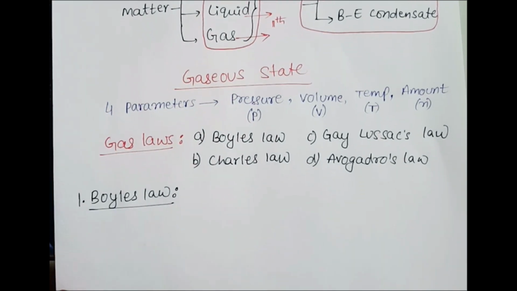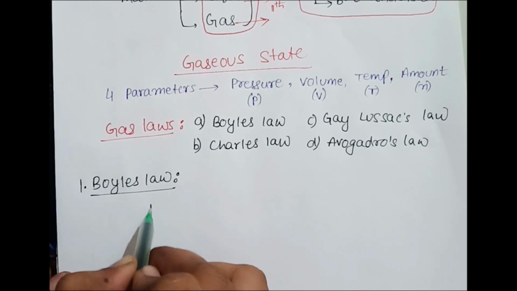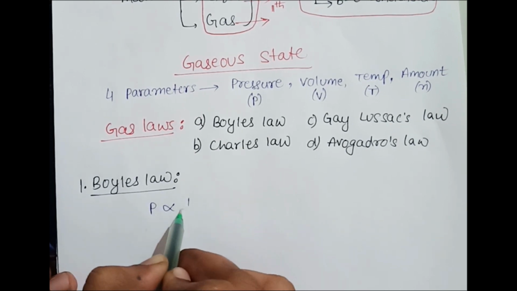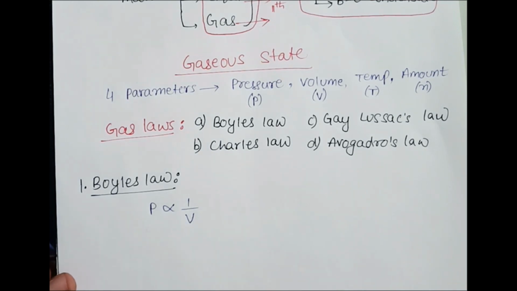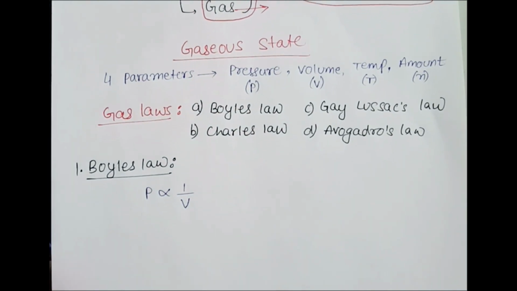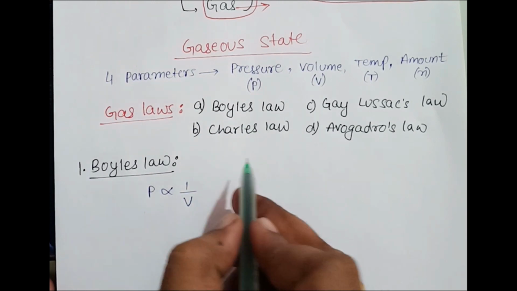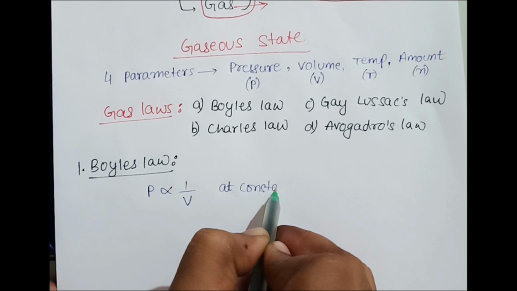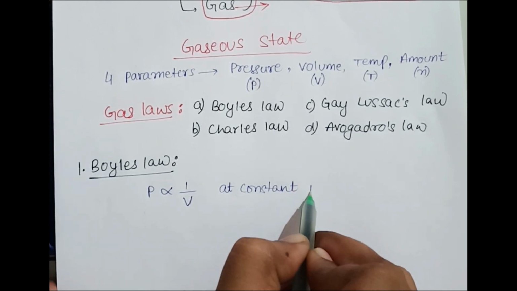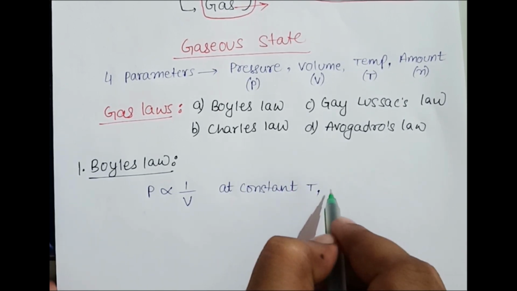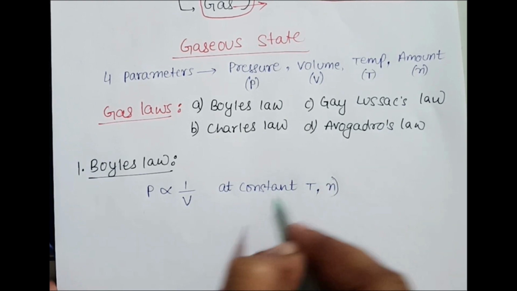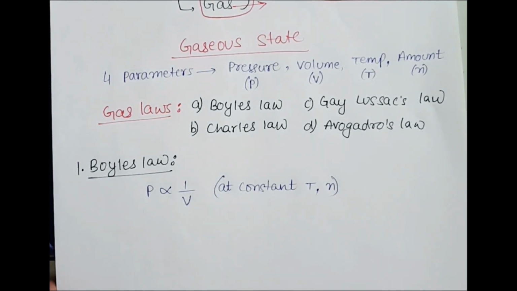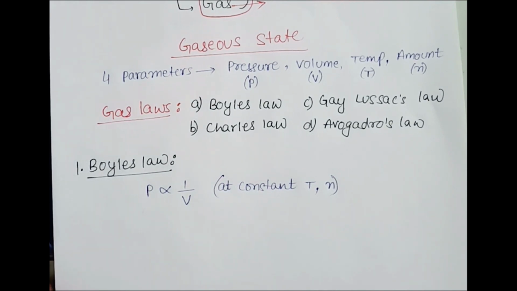It states that the pressure applied on any gas is inversely proportional to volume, but this is correct at constant temperature and fixed amount of substance, symbol n, the number of moles. Only under this condition is this rule valid. That's Boyle's law: pressure is inversely proportional to volume.